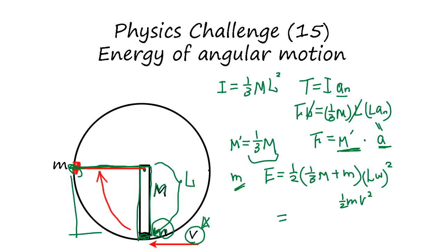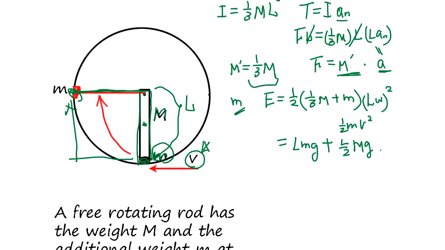it's L, right? So m g L plus, how about this potential energy? Say the center of gravity is in the middle, so L/2 times M g. Okay, so now we can get omega out of this equation, right?